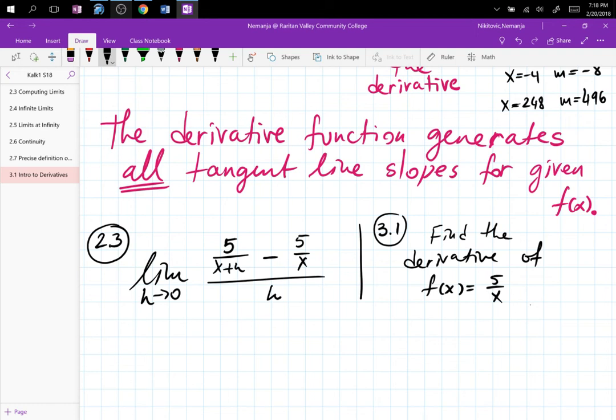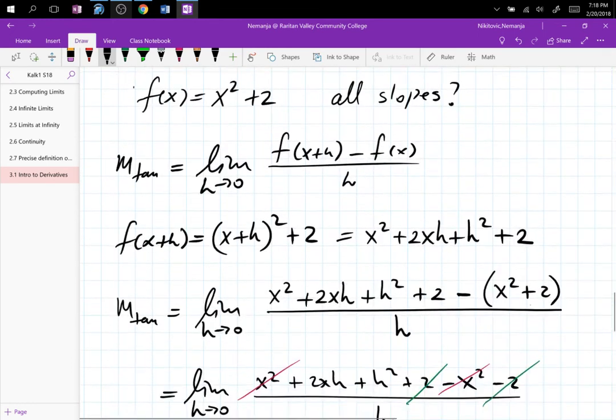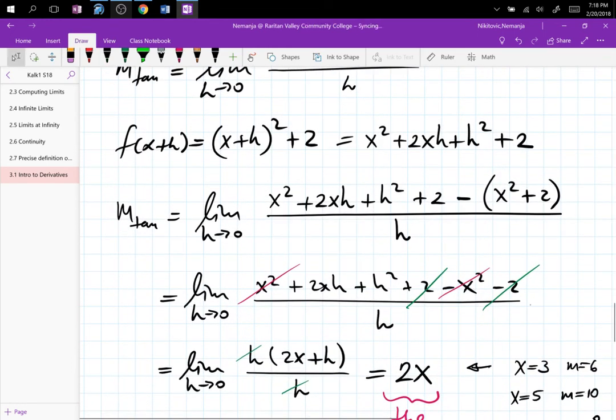This is why I said your 3.1 is technically included on the exam. All I need to do is avoid using the word derivative, but the mechanics of the problem are identical. You learn the mechanics of computing these problems in 2.3. If you're having issues with anything I wrote here for calculations, you will go back to 2.3 and learn that.